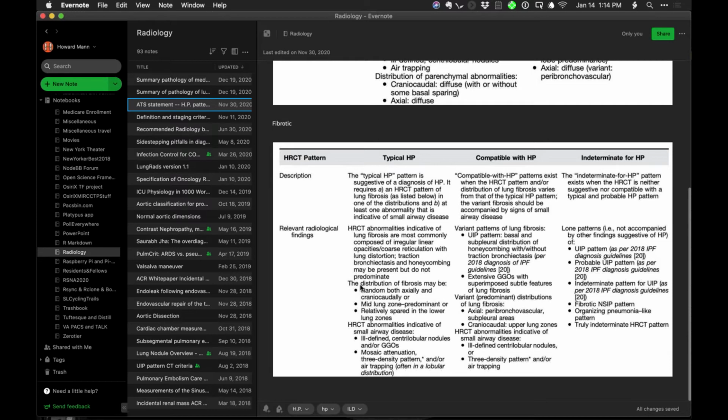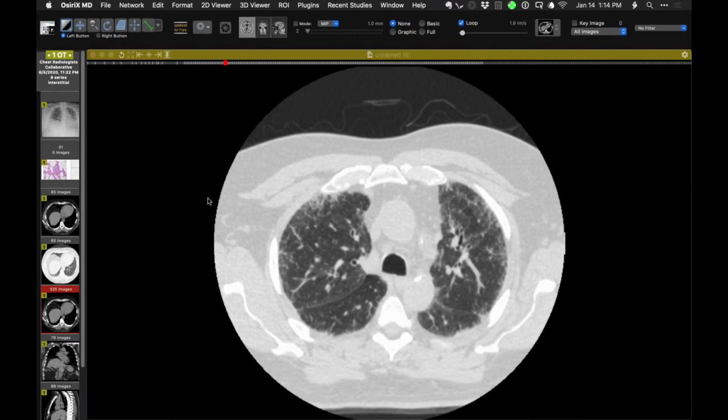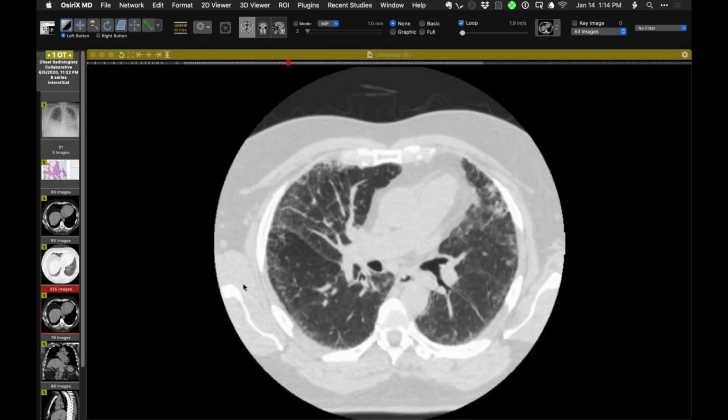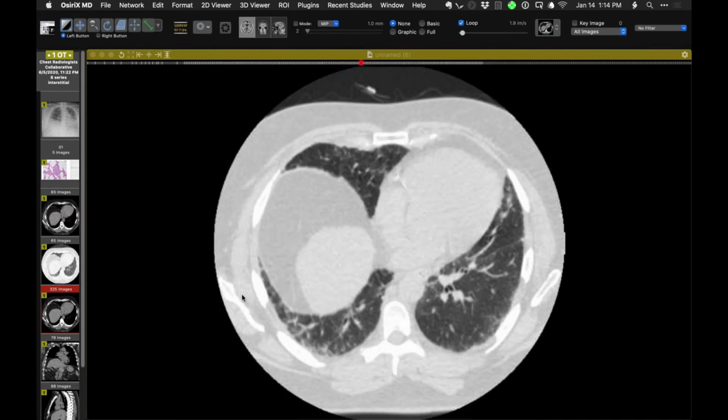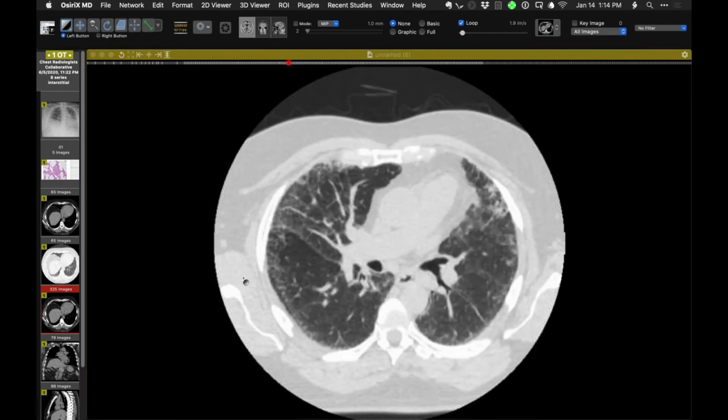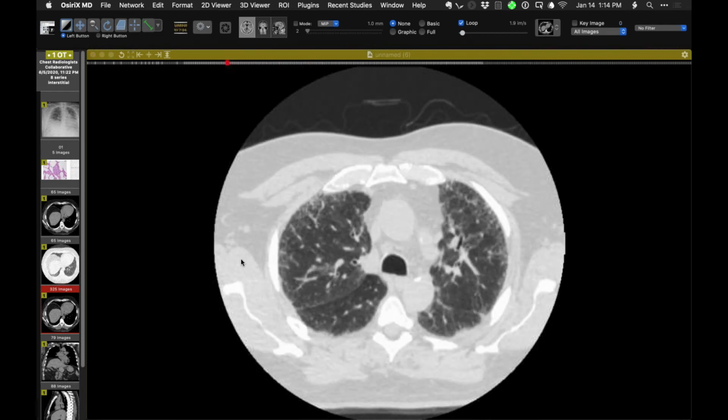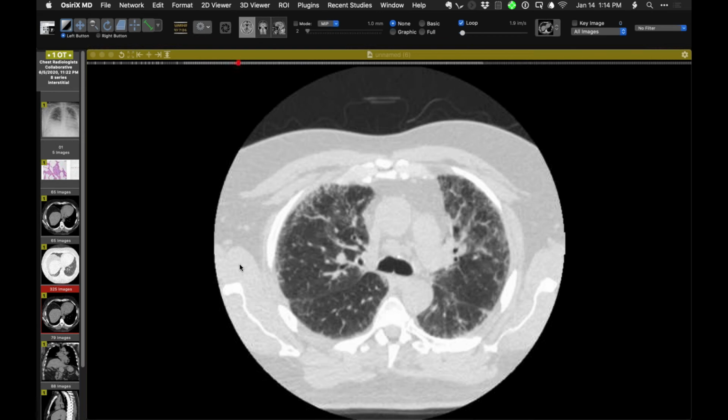So Howard, a couple things, you were referencing the new, I think it's an ATS document. Right, yeah, ATS. It's a nice paper. I find it hard to use because it plays into the UIP one. So I don't know, I get what they're coming at.